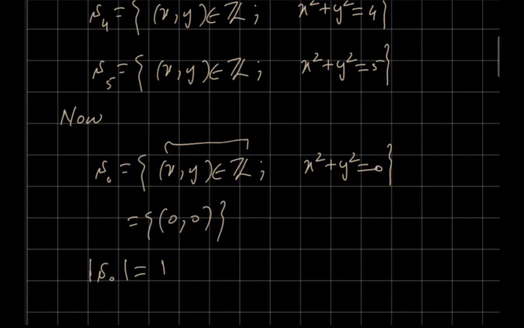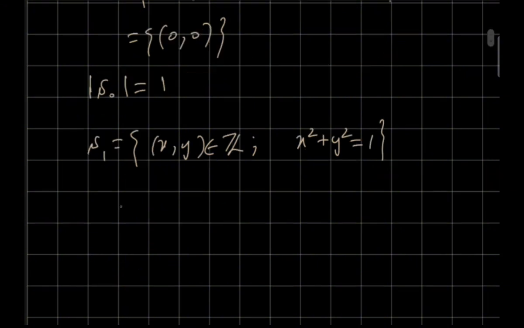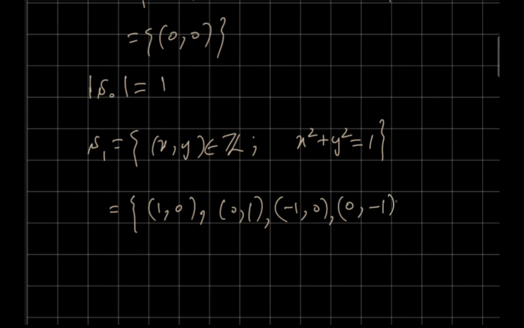So what about S1? You can see S1 contains those ordered pairs from Z such that the sum of their squares is 1. You can see we have these elements: (1, 0), (0, 1), (-1, 0), (0, -1).